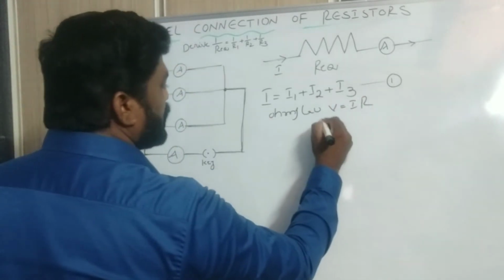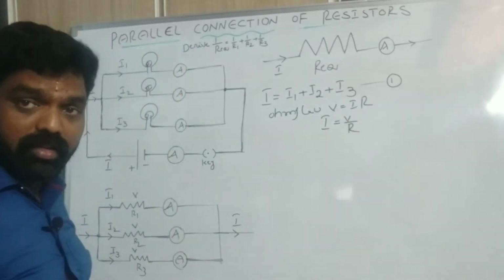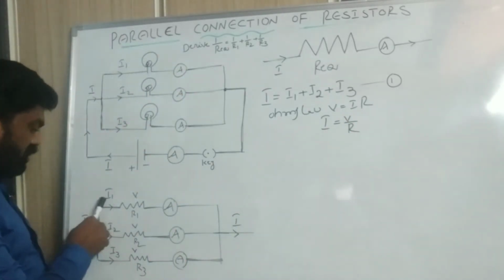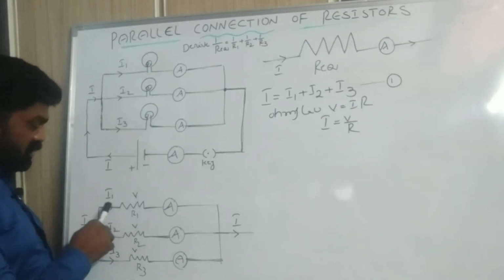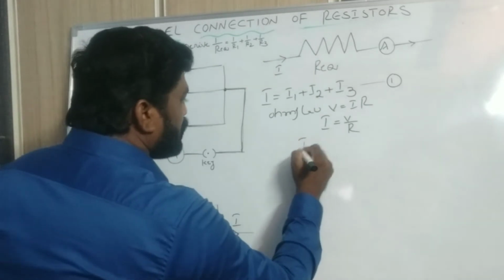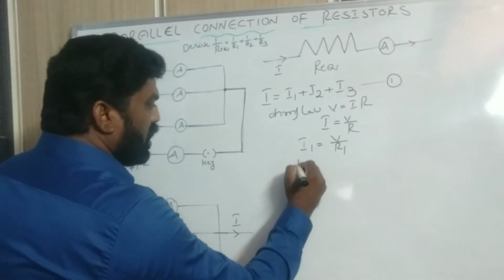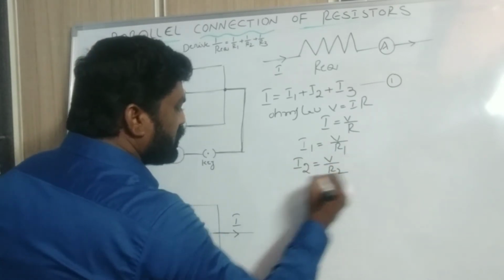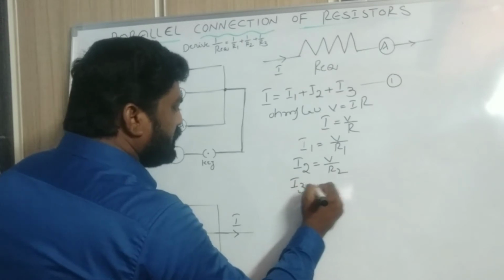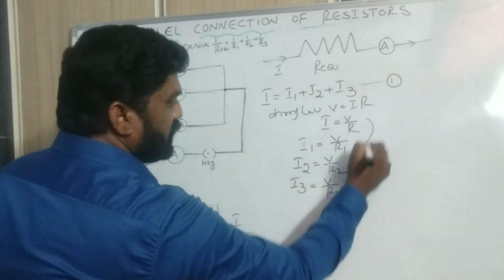From that relation, I equals V by R, right? Now I1 is the current through resistance R1, then I1 equals what? V by R1. I2 equals V by R2. I3 equals V by R3, right?